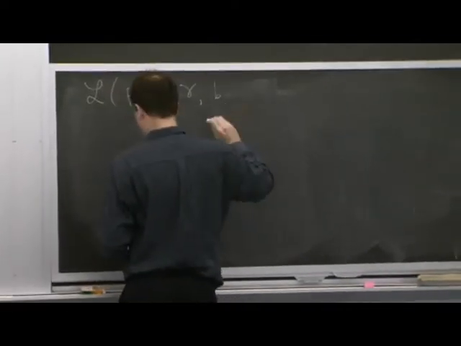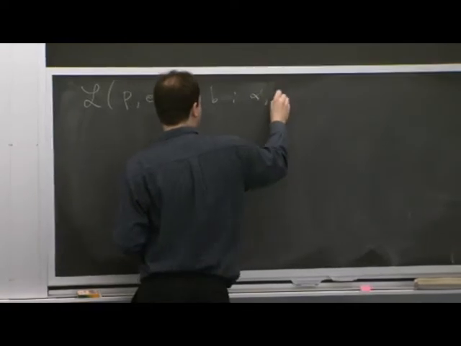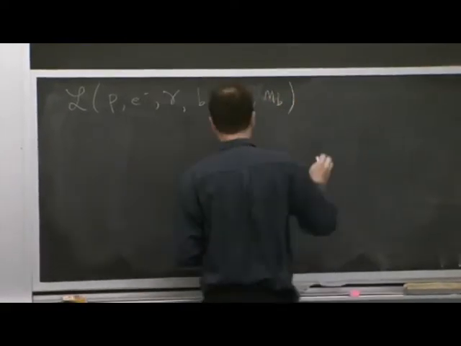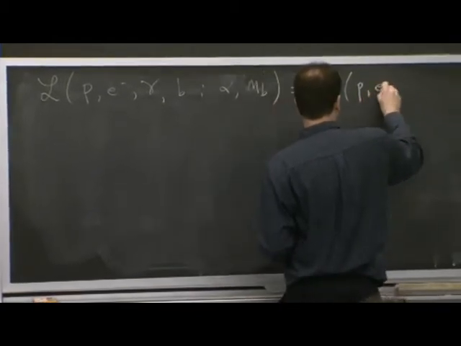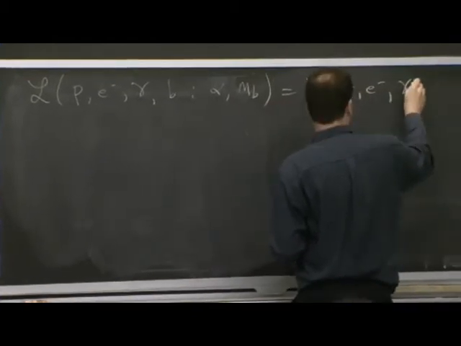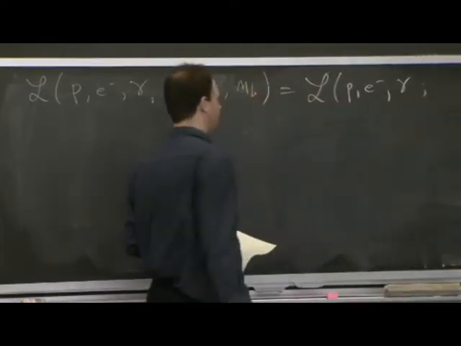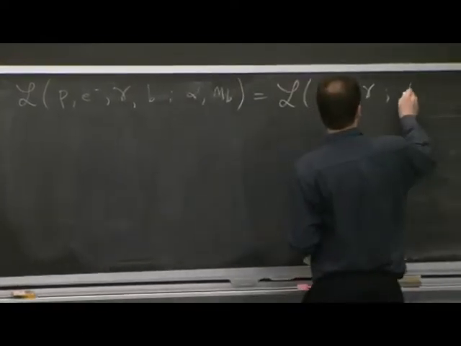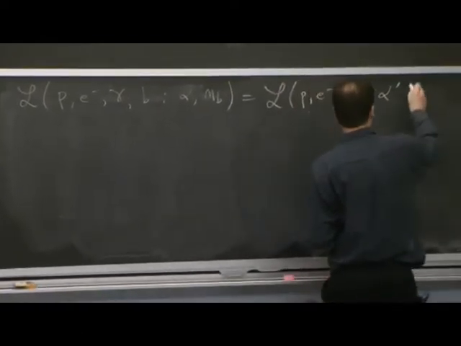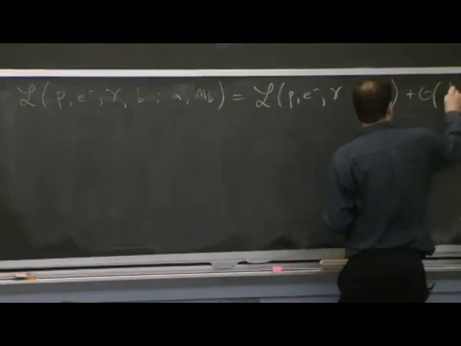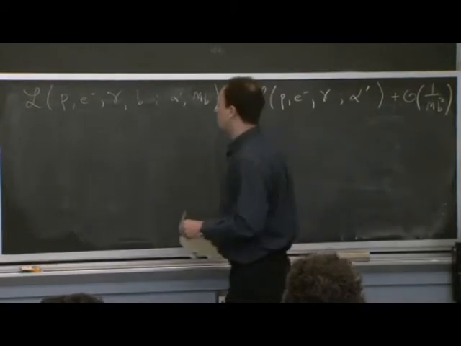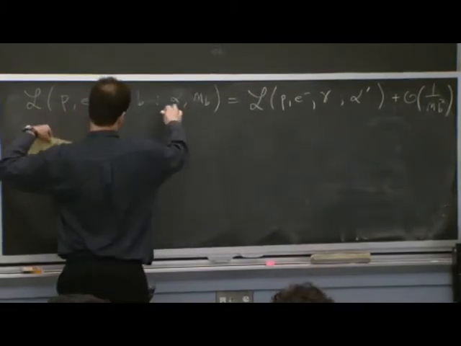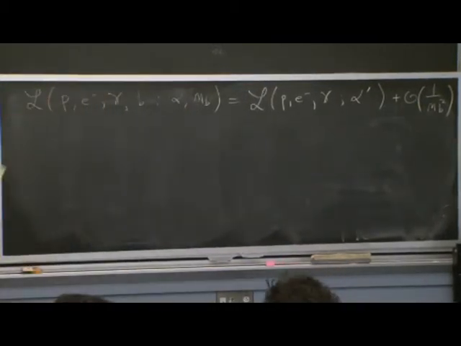And let's keep the b quark. Alpha and m_b are parameters. If we drop the b quark because it's giving small effects, we just have these fields, proton, electron, and photon. We get a different coupling in practice, in principle.